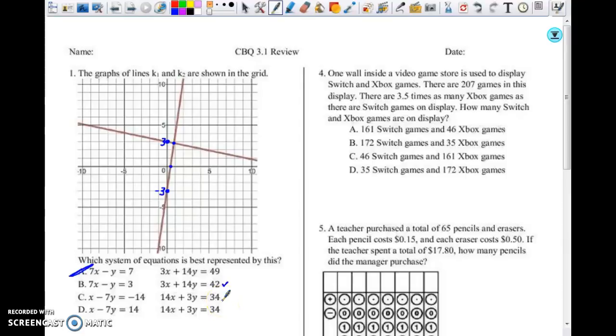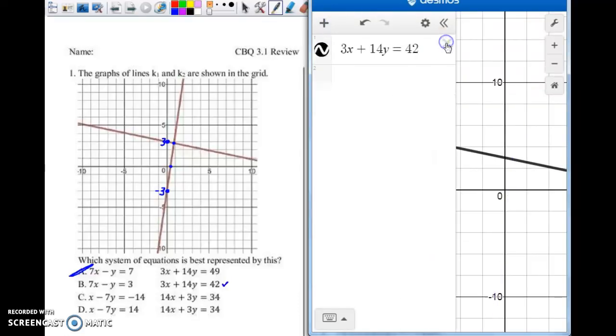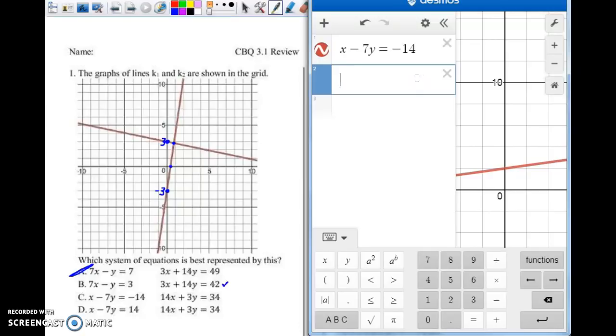C is x minus 7y equals -14, and then the second one is 14x plus 3y equals 34.